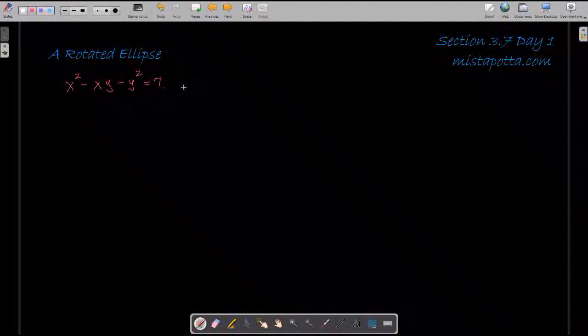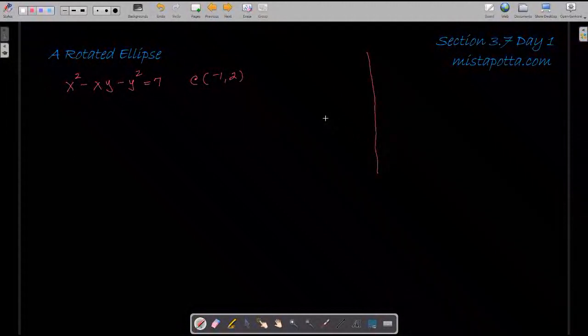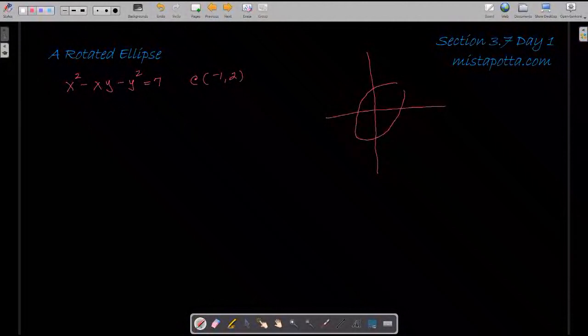And I want to take a look at what's happening at the point negative 1, 2. So if I was to graph this ellipse, this is going to be an ellipse that's tilted almost 45 degrees, and over here at the point negative 1, 2, I want to talk about what's happening.